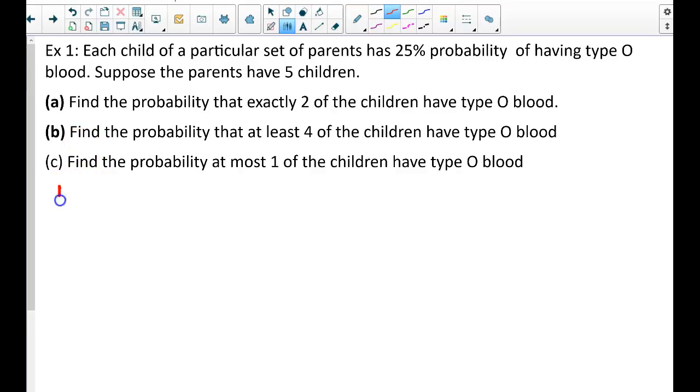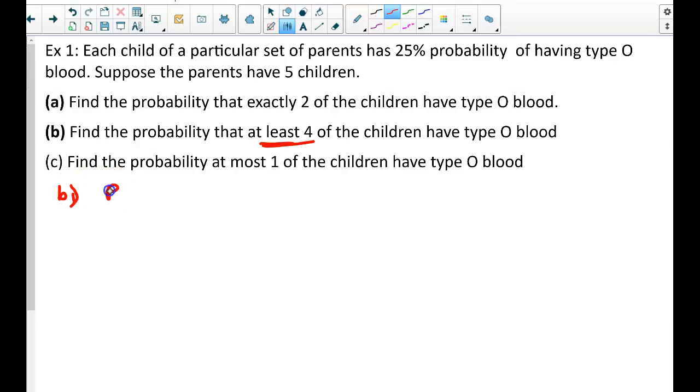So for the second part of this question, they said find the probability that at least 4 of the children have type O blood. So it's similar, but it's not quite the same. At least means that number or higher up to the maximum number of trials, just like I would like you to get an A, so I want you to get at least a 90 on your next test.